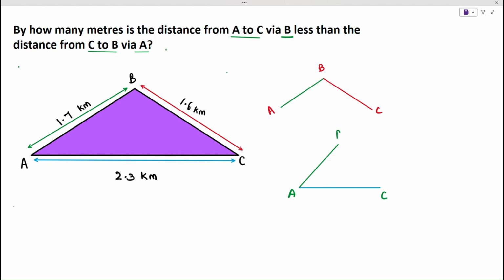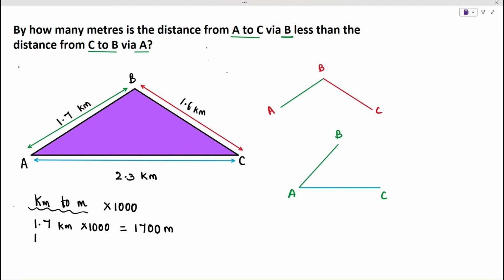And so let's find the distance from A to C via B. The first thing we're going to do, since the question asks us to give the answer in meters, is convert all our kilometers into meters. To convert from kilometers to meters, you multiply the value in kilometers by 1000. So 1.7 kilometers multiplied by 1000 gives us 1700 meters.